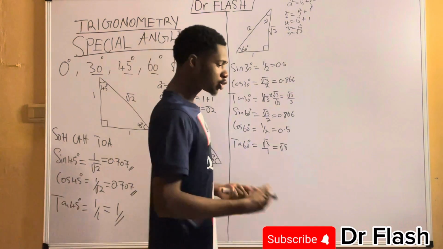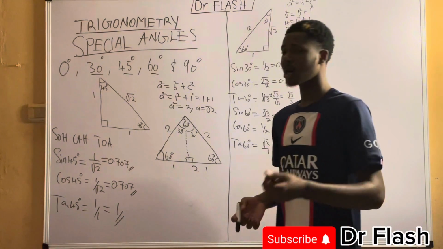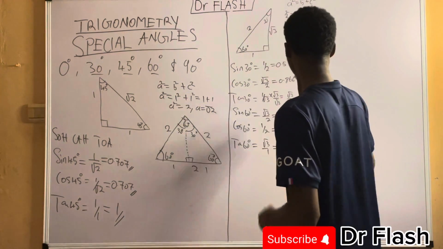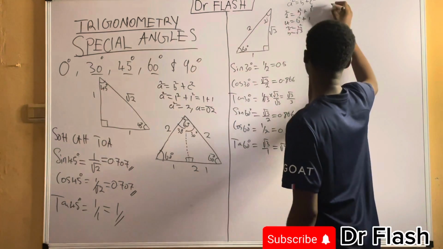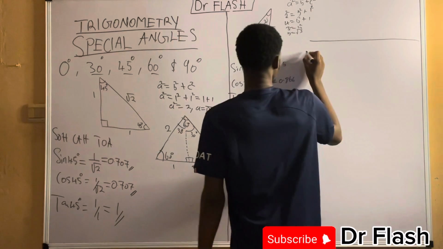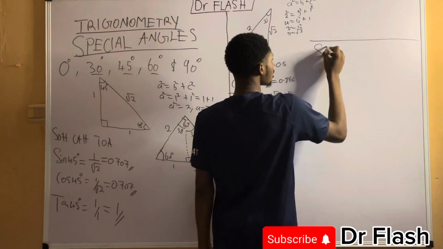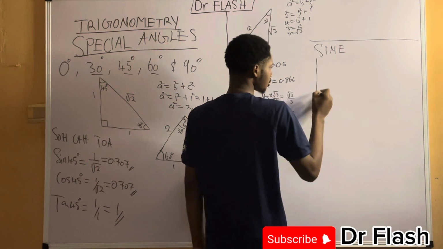Now, to do this, you need to know how the graphs of sine, cosine, and tangent all look. Okay? I'm going to start with the graph of sine. So for sine, the graph is something of this sort.